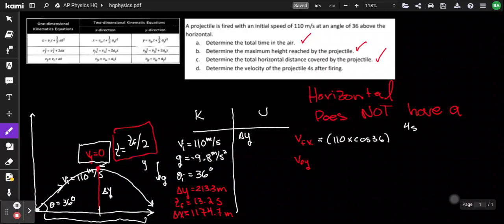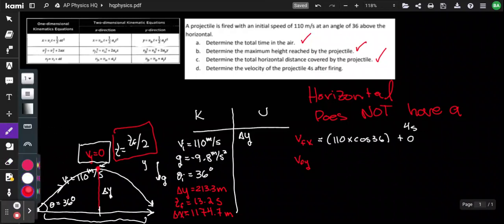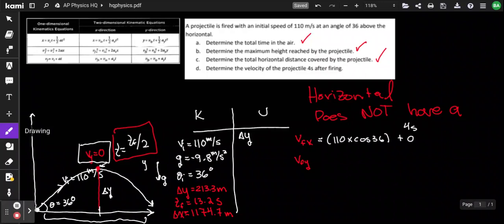And remember that in the x direction, there is no acceleration at all. So that component of the equation becomes 0, so plus 0. And the component that I'm talking about, in case you weren't quite clear, is this component where there is acceleration.